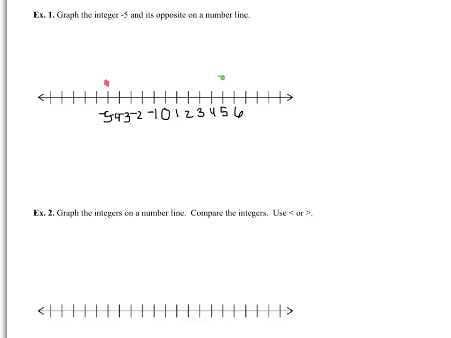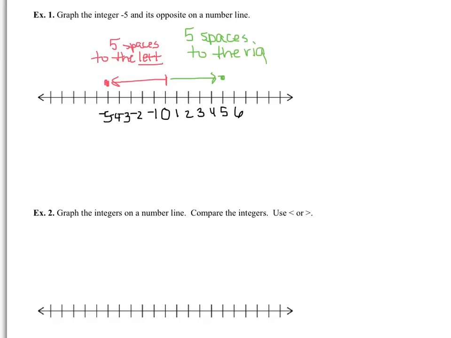So if we're comparing from 0, -5 is 5 spaces to the left and positive 5 is 5 spaces to the right. Remember to count the spaces.